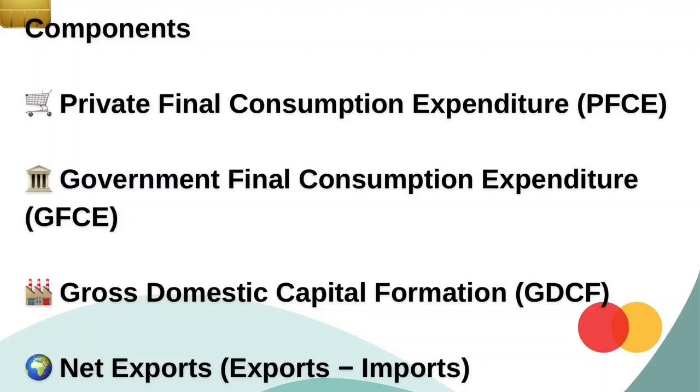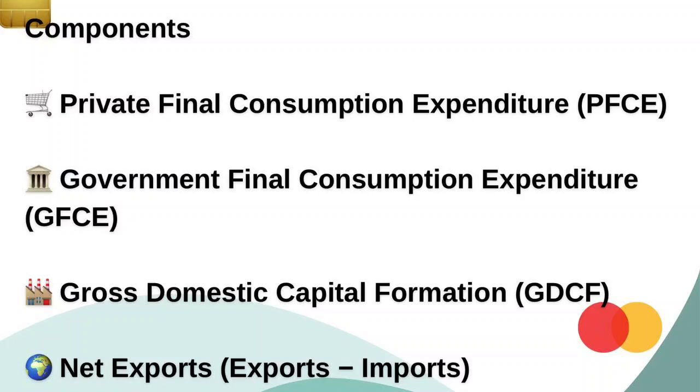First, private final consumption expenditure or PFCE. This is the money spent by households on final goods and services. Examples include buying goods, clothes, mobile phones, paying electricity bills or traveling by bus. Second, government final consumption expenditure or GFCE.